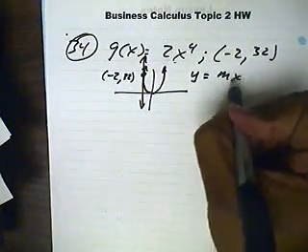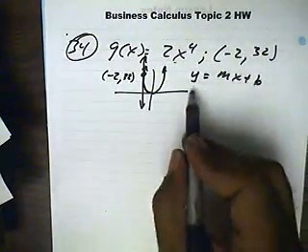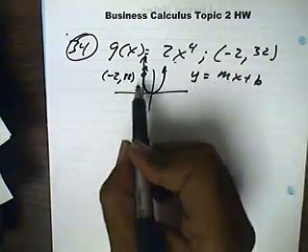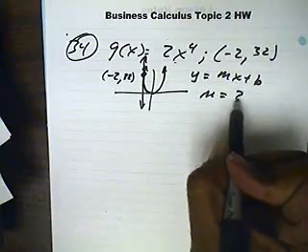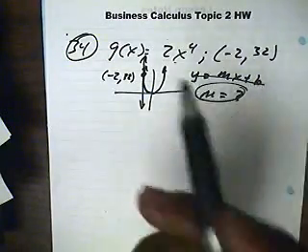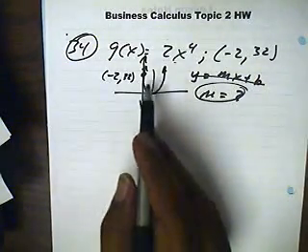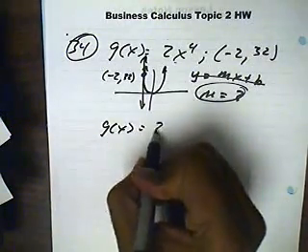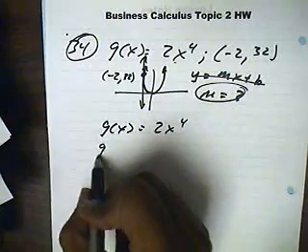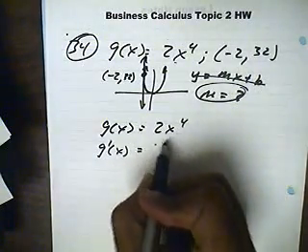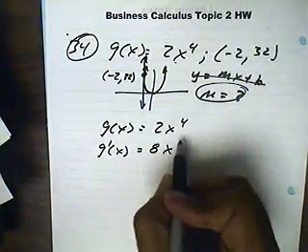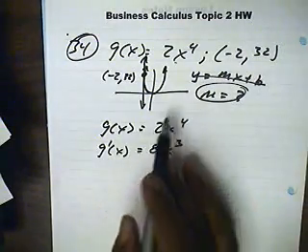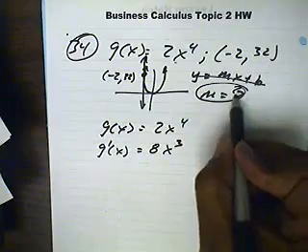So y equals mx plus b. Oh, I'm sorry, we're not looking for y equals mx plus b, we're just looking for the slope alone. In order to find the slope, we need to find the derivative function. So g of x equals 2x to the 4th, and the derivative function will be 4 times 2, which is 8, and subtracting 1 from the exponent, we get 3. This derivative function gives us slopes.